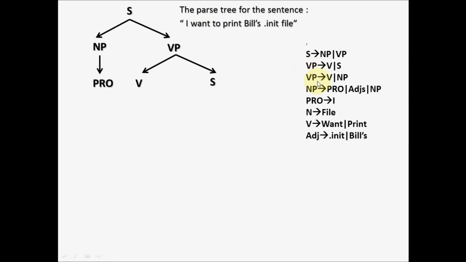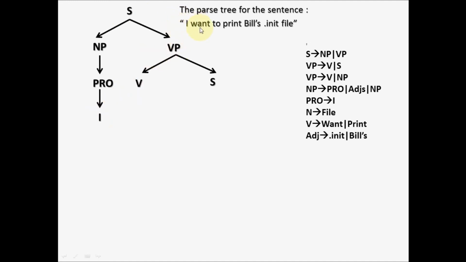That's why I have replaced VP with V or S. Now, noun phrase is a pronoun, and pronoun is I, which is the terminal we were talking about. So from the start symbol I am able to reach the first word, I.